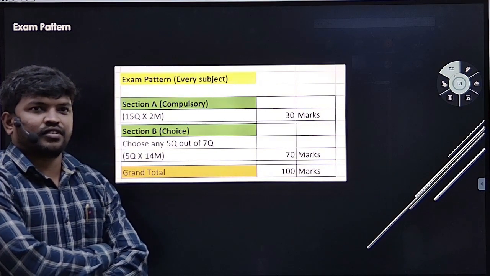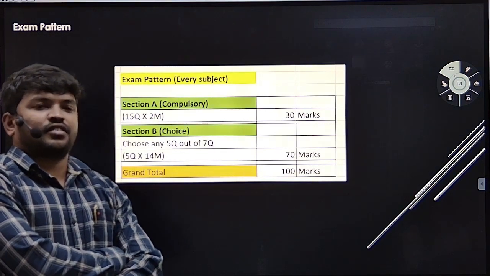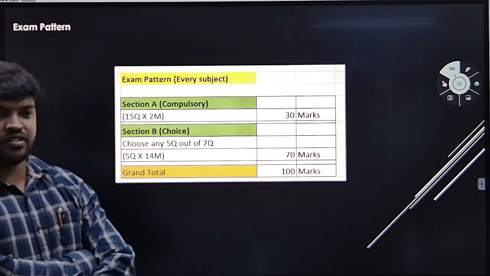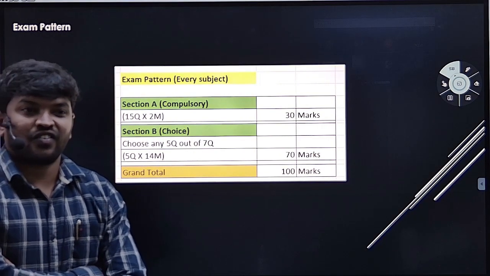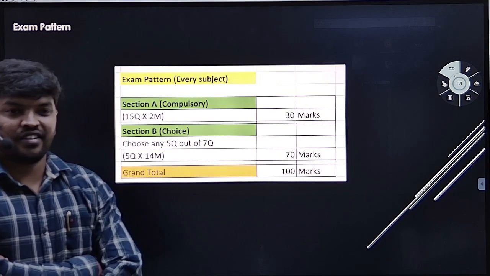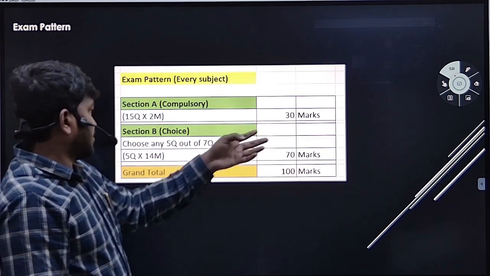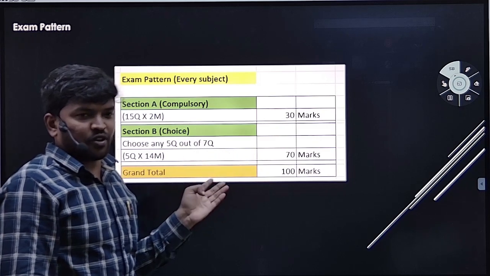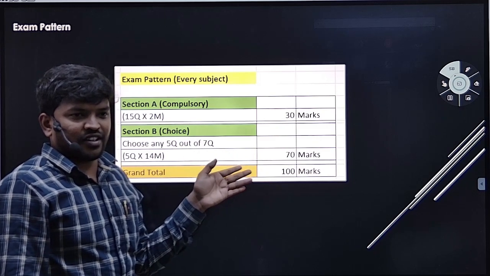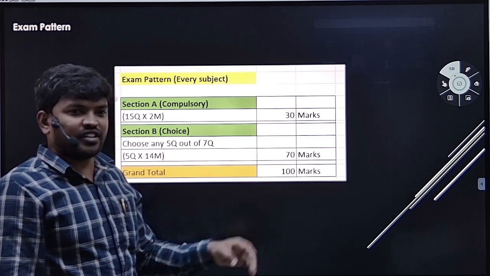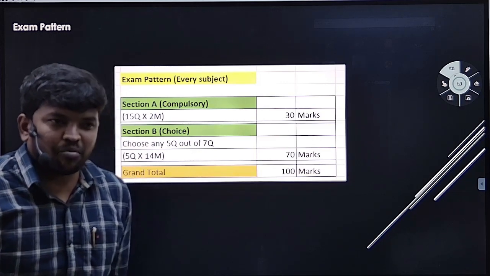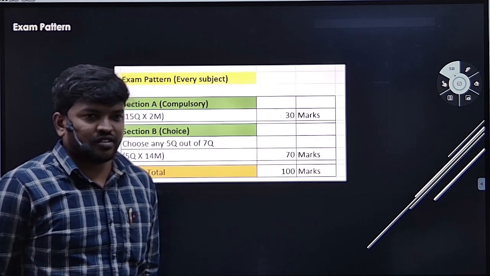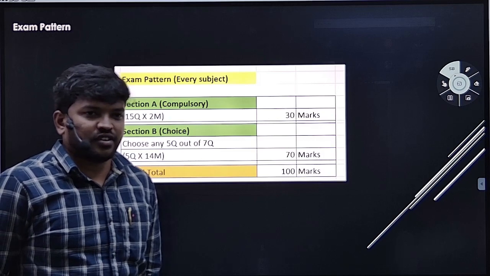Two questions extra which you leave for choice. 2 into 14, how much? 28. 100 plus 28, 128. The paper is given for 128 marks, yes? You leave 2 questions for choice.